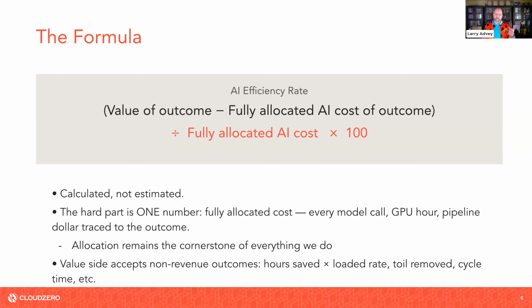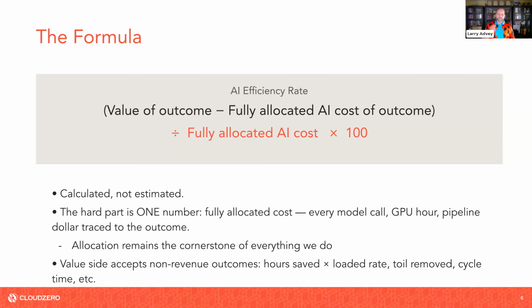But then going back to FinOps 101, allocation remains the cornerstone of everything we do. If we cannot allocate the costs, the revenue, the telemetry that are coming in, we cannot be successful in this endeavor. So the hard part is getting to that one number, fully allocated costs.